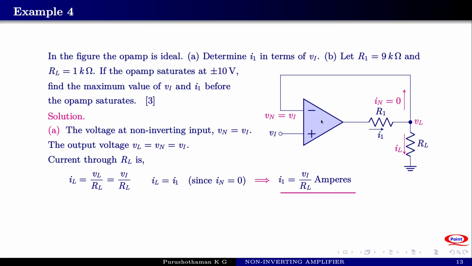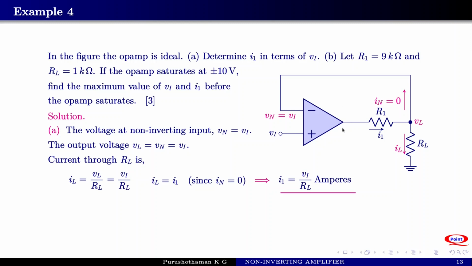Or we say that the operational amplifier saturates. So here it is given that the operational amplifier saturates at plus or minus 10 volt, positive side and negative side. That means the operational amplifier is supplied with a plus or minus 10 volt supply. So the maximum output voltage possible from the operational amplifier is equal to 10 volt.